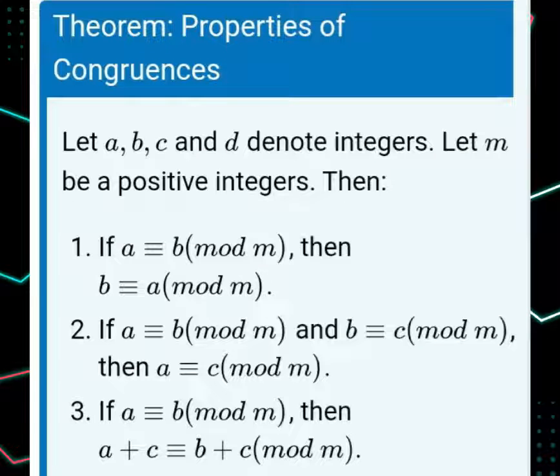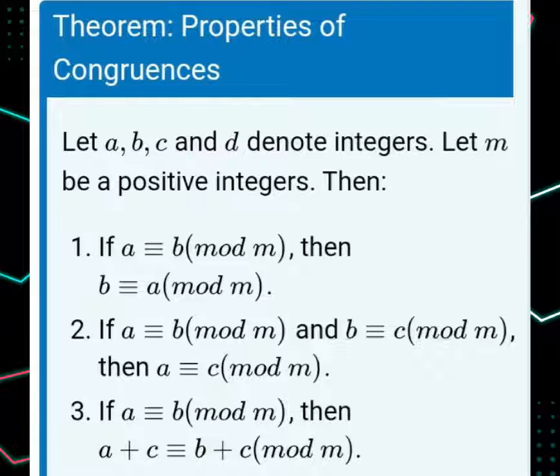Theorem, properties of congruences. Let a, b, c, and d denote integers. Let m be a positive integer, then number 1. If a is congruent to b mod m, then b is congruent to a mod m. Number 2. If a is congruent to b mod m and b is congruent to c mod m, then a is congruent to c mod m.